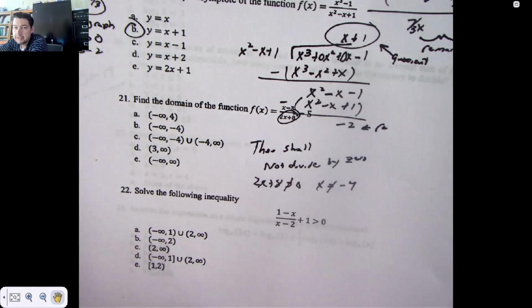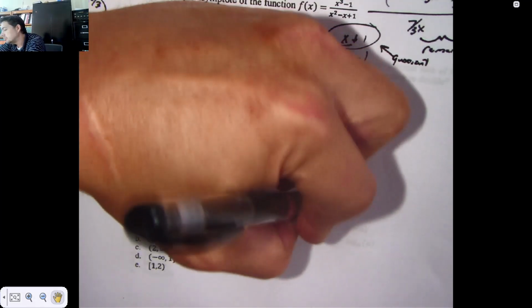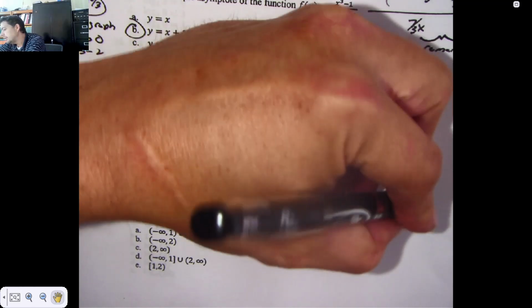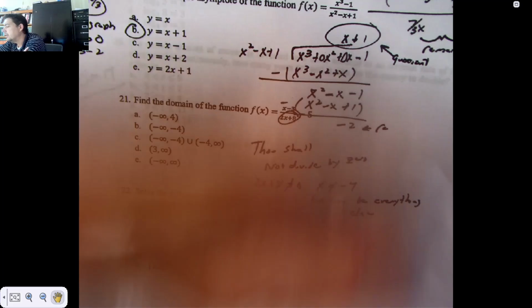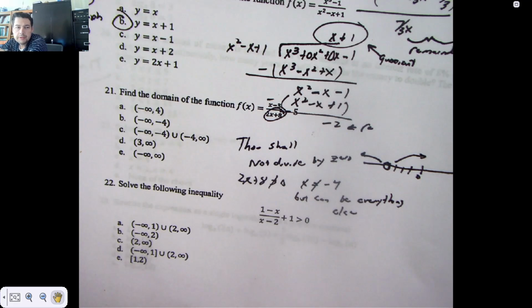Plain and simple, can't be negative 4, which means you can be everything else. Now, some kids struggle with that. You think about a number line, if you're one of those kids who still struggles, open hole at negative 4, you can be everything left and you can be everything right. So that's going to be choice C.